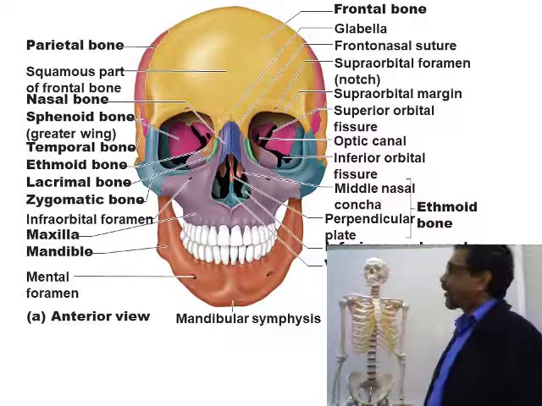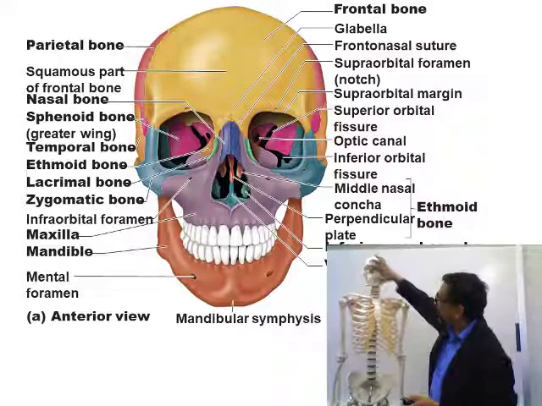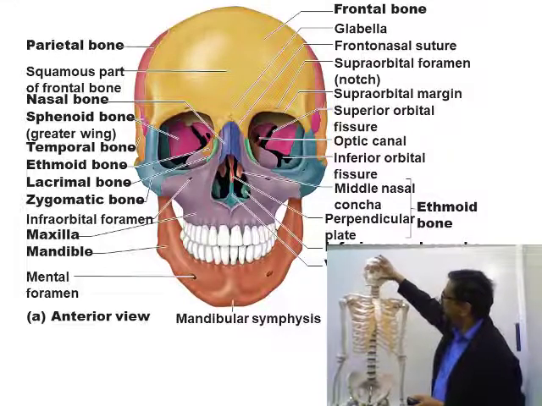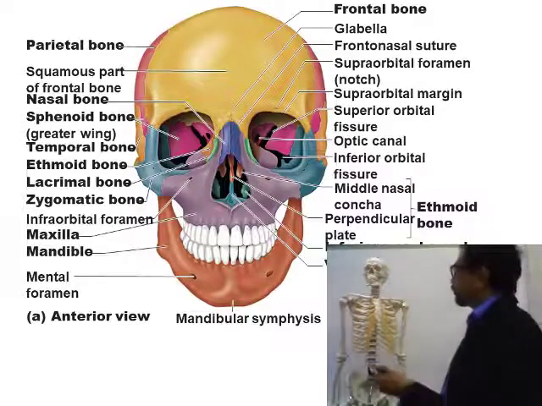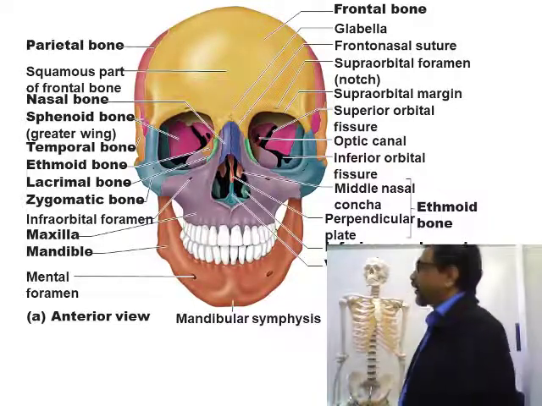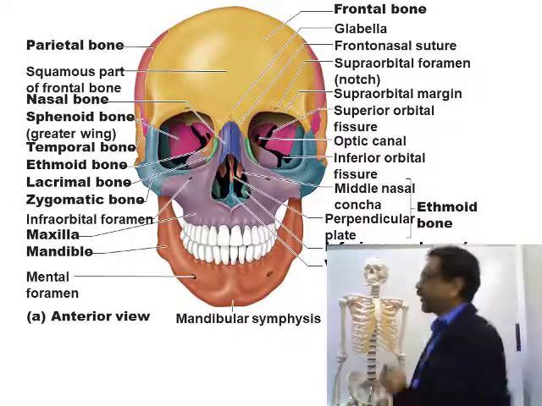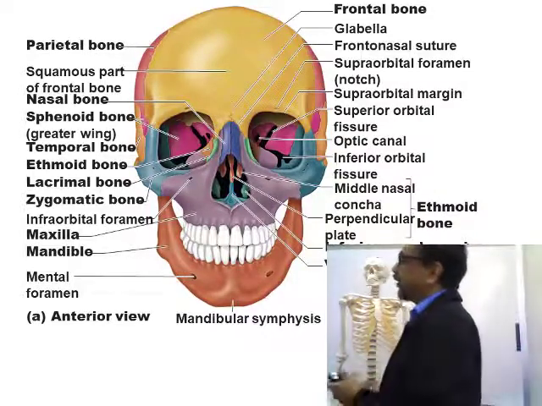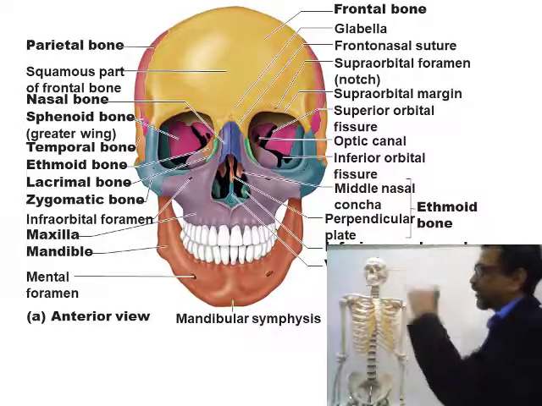Then you have nasal bones here. 2 nasal bones, those are tiny bones. So the bridge of the nose is formed by the nasal bone. Then you have nasal concha. Some people say concave or concha. There are small bones inside the nose.